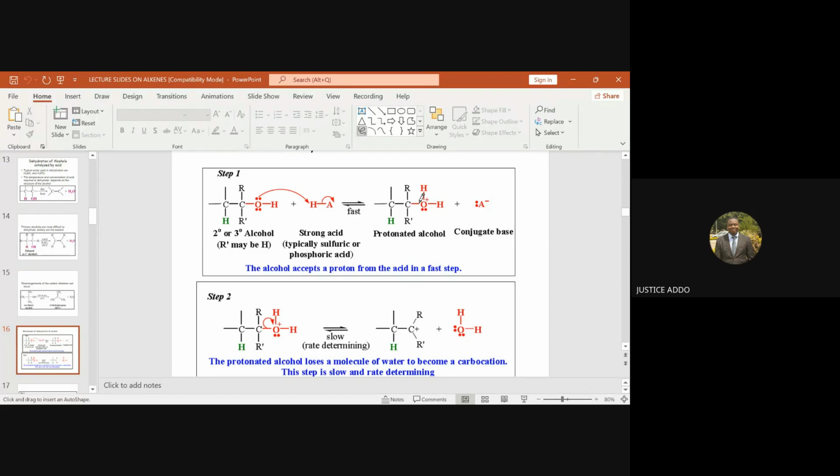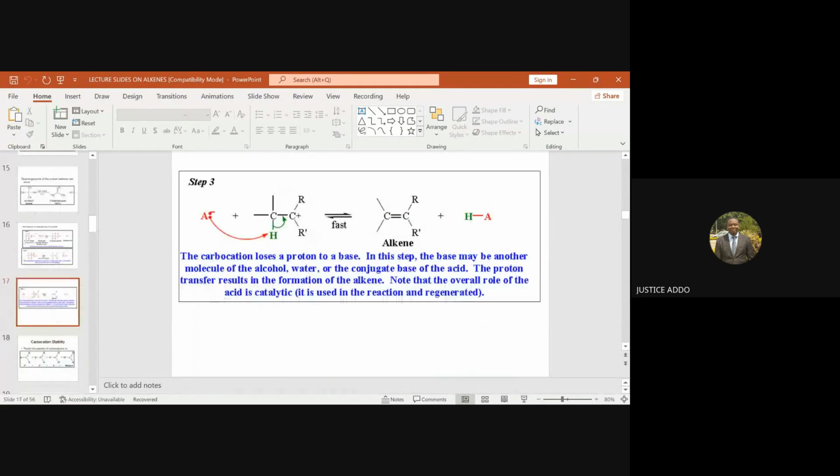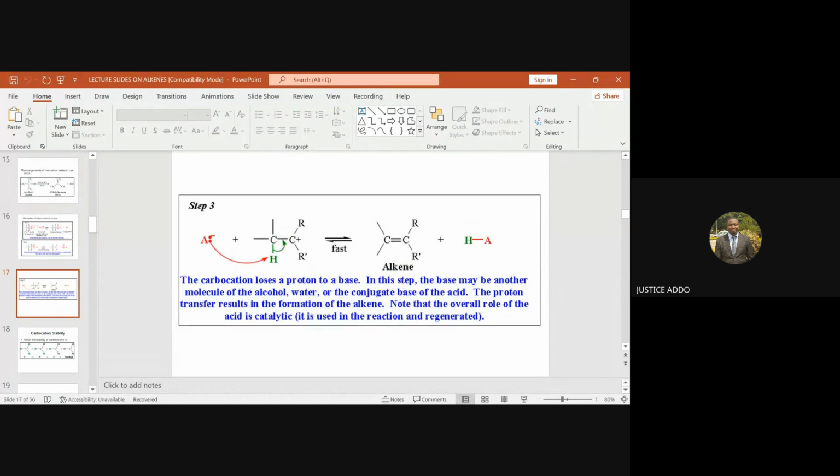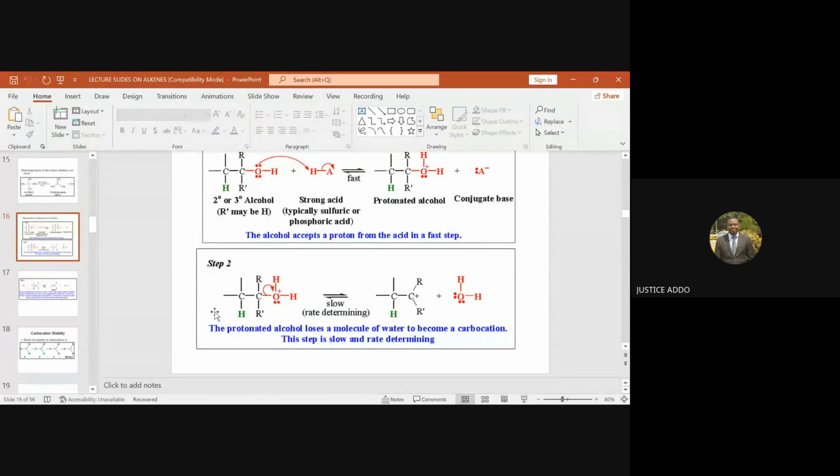So at this stage, to get to a more stable form, something has to happen. And that is step 2.